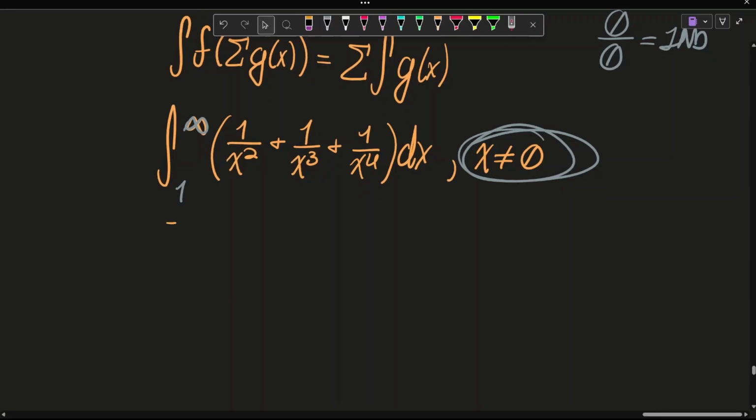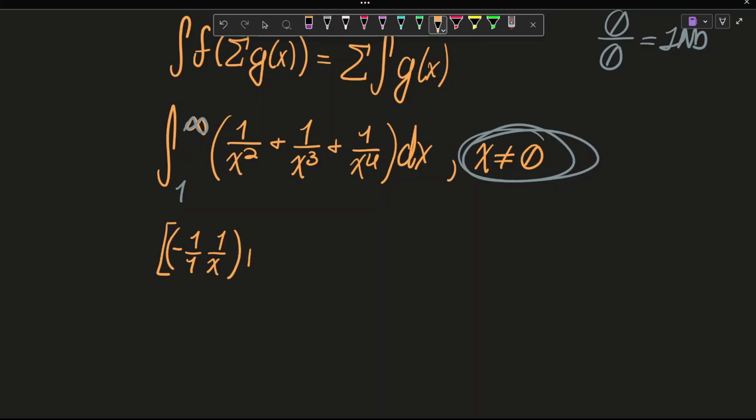So here we get the integral, which is negative 1 over x plus negative 1 over 2 times 1 over x squared plus negative 1 over 3 times 1 over x cubed. There you go.